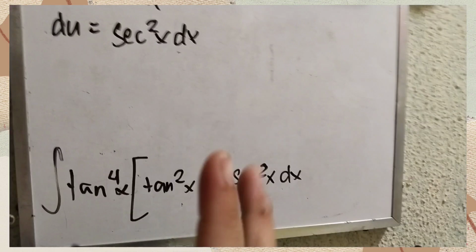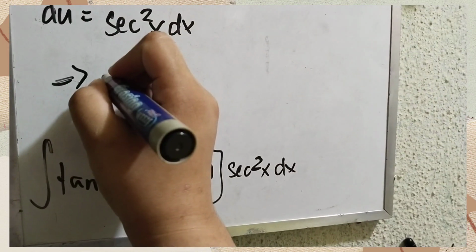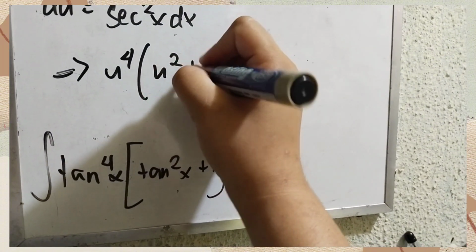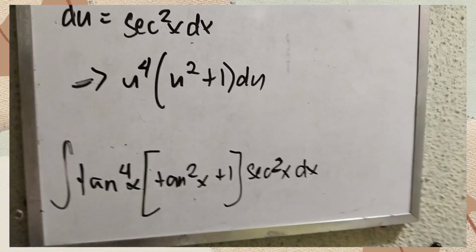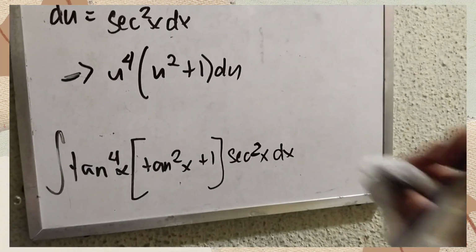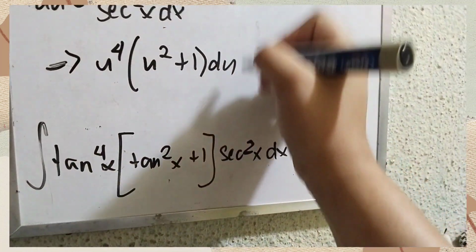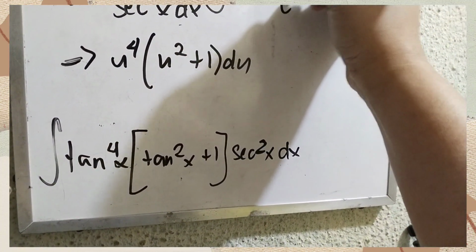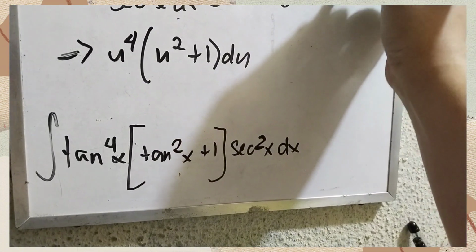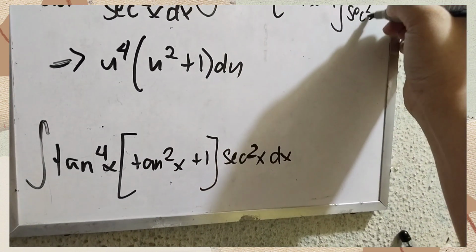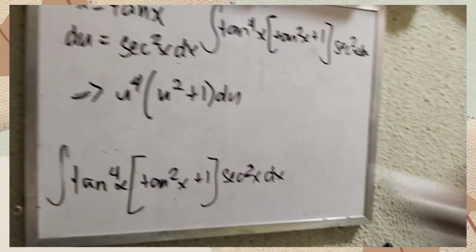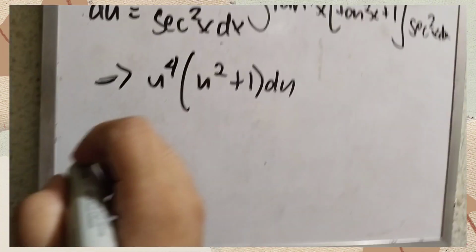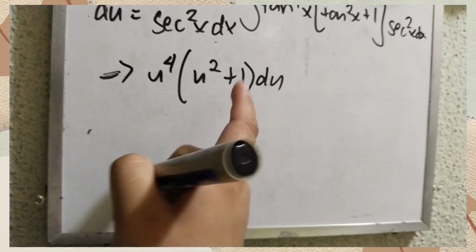The integral that we will get is u to the fourth times u squared plus 1 du. Let's distribute.